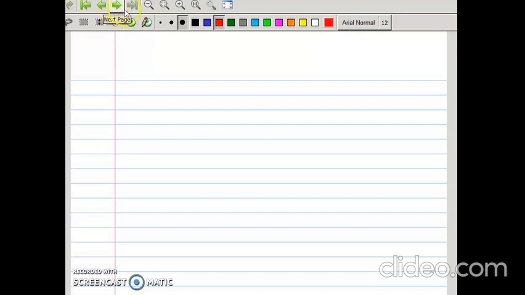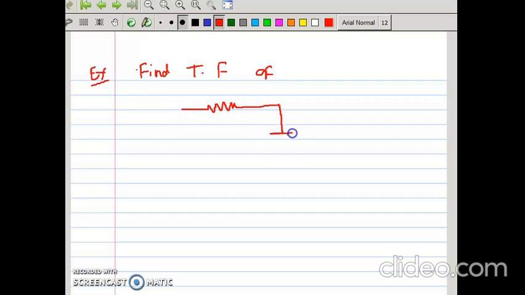They said find the transfer function of the circuit. They are giving here a resistor, then a capacitor.